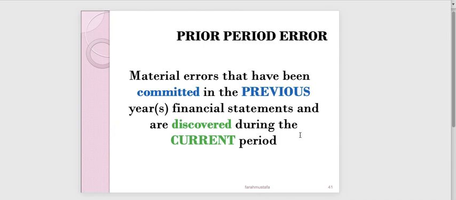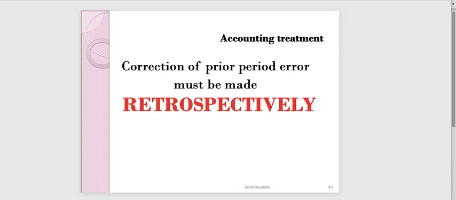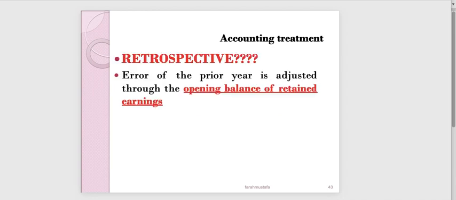If it is a previous year error, the adjustment would be retrospective. You have to do the adjustment on the opening balance of the affected item. If it affects an SOPL item from the previous year, you have to adjust the opening balance of retained earnings, because if you remember, when you prepare the SOCI, the net profit or the net loss will be transferred into the retained earnings column.